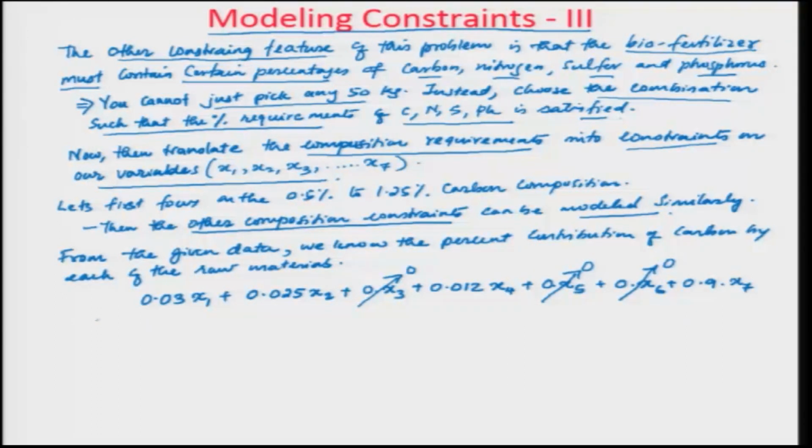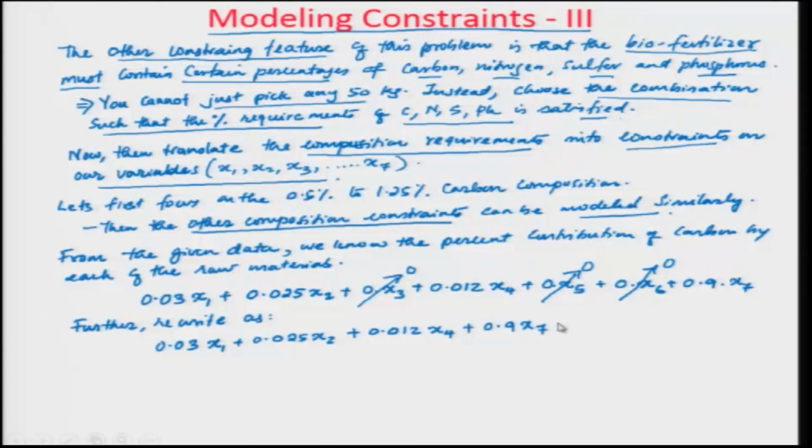So then we can further rewrite as 0.03 x1 plus 0.025 x2 plus 0.012 x4 plus 0.9 x7. Okay. So this will be the constraint, because these variables are all zeros, because their coefficient is also 0. So you see x1, x2, x4 and x7.